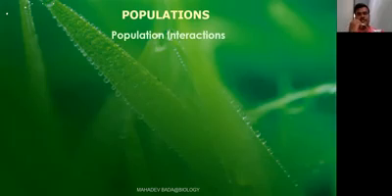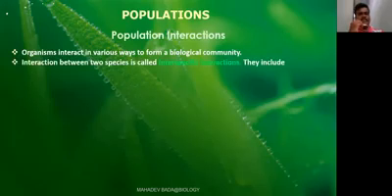How the population interaction is there. Organisms interact in various ways to form a biological community. So different types of species will be living together in an area. At the same time, they also interact with each other for their survival. Interaction between two species is called interspecific interaction.